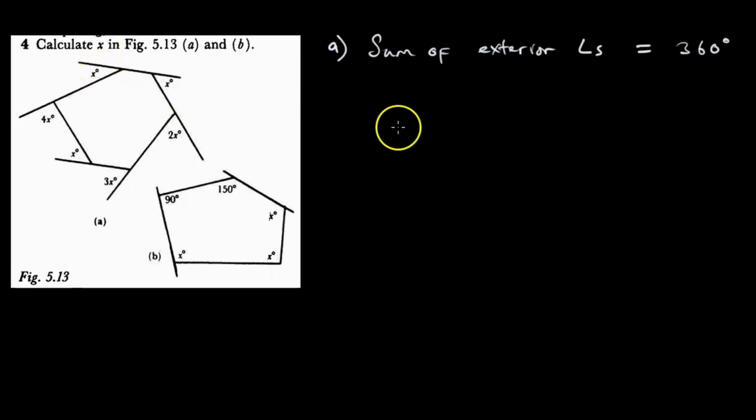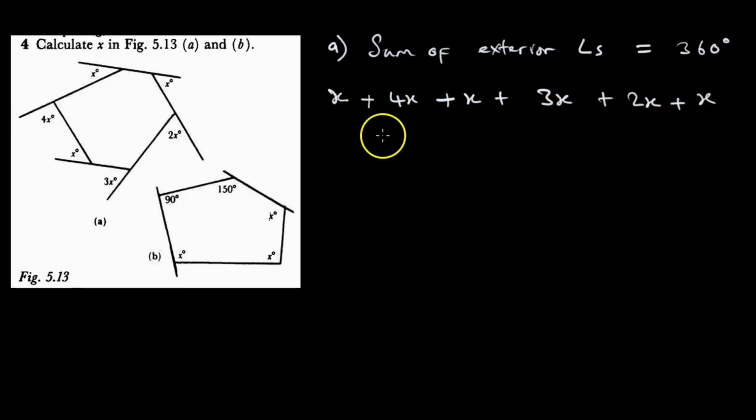So we start with x plus 4x, we are going this direction, plus x plus 3x plus 2x plus x. So it says this should be equal to 360 degrees.